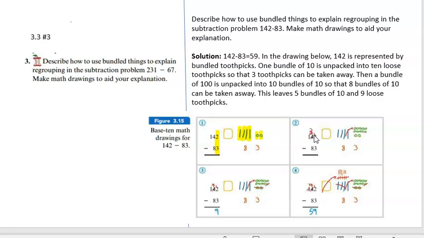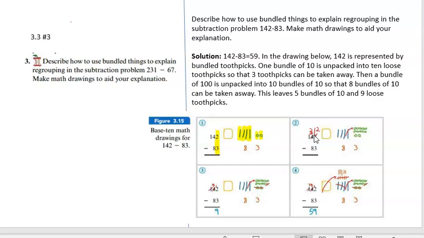And then this 2, we can also mark it out and put a 12 up there, because 2 plus the 10 we borrowed is a total of 12. So then we do 12 minus 3, that gives us 9 right here. Next we subtract the tens place. We have 3 tens minus 8 tens, that's not enough.